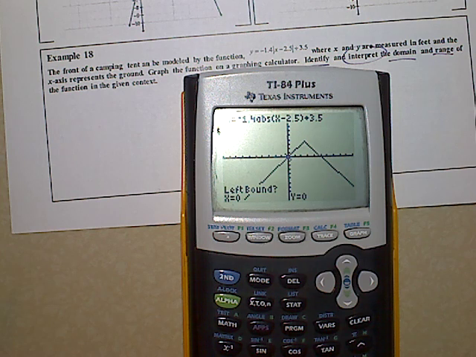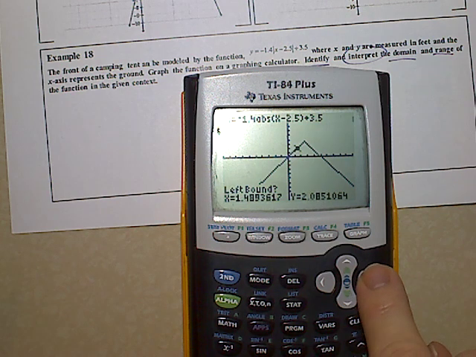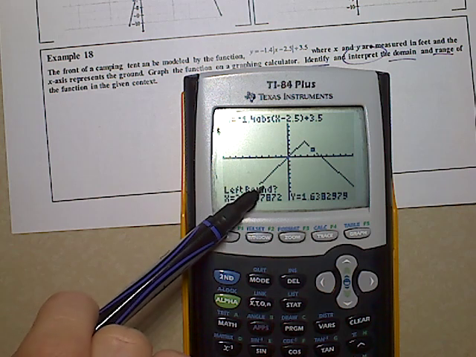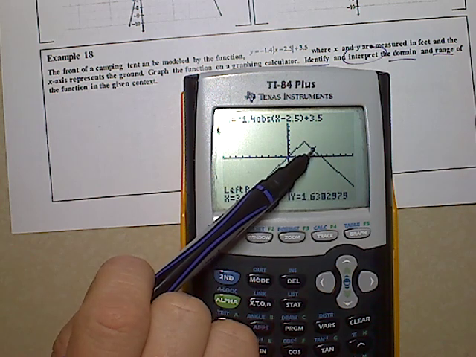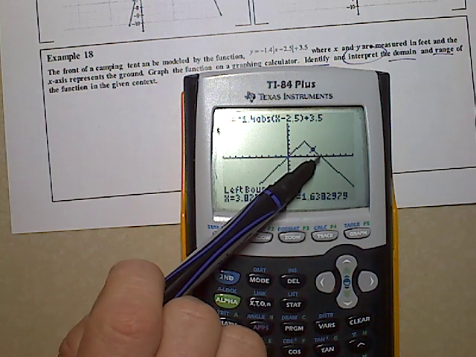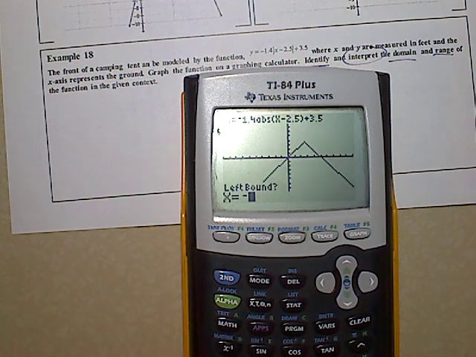It's a decent number. Okay, now use this arrow and continue to move it to the right until you go just slightly above the x-axis, somewhere to the left of this x-intercept, and press enter one time.